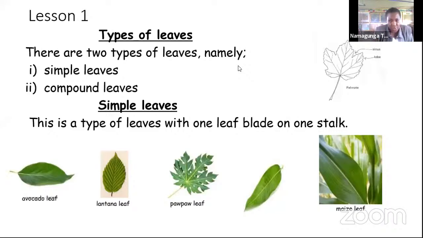And the leaves grow from the stems. So when the stalk is there with the simple leaf, it comes from the stem, like the avocado leaf. The mango leaf also has one surface. It is standing on the stem and is not divided at all.